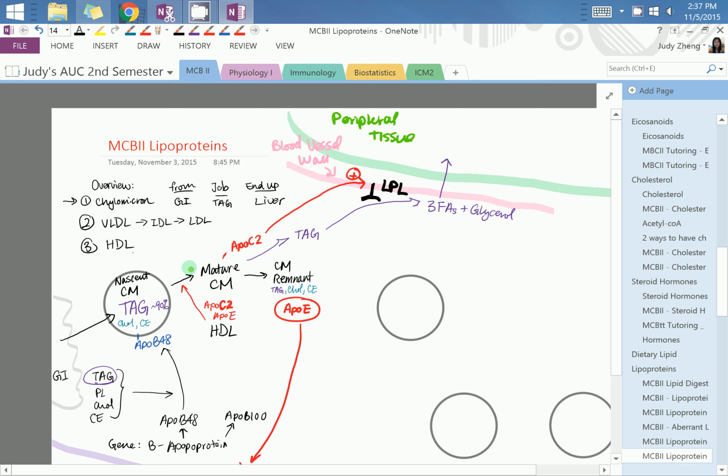The mature chylomicron drops off the triglycerides to the periphery, and then the chylomicron itself becomes a chylomicron remnant, and the remnant is taken up by the liver.